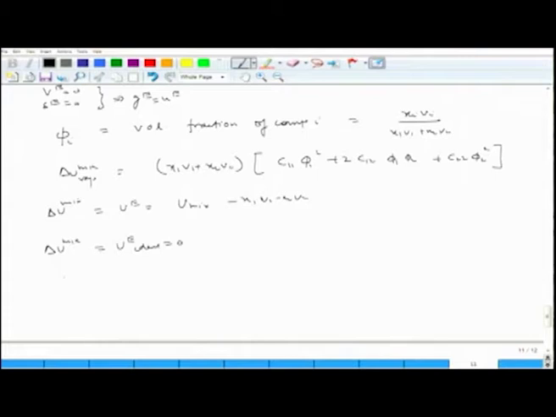So, if you do that, Ge is Ue, which is the delta U vapor of the mixture minus x1 delta U vapor 1 minus x2 delta U vapor 2.